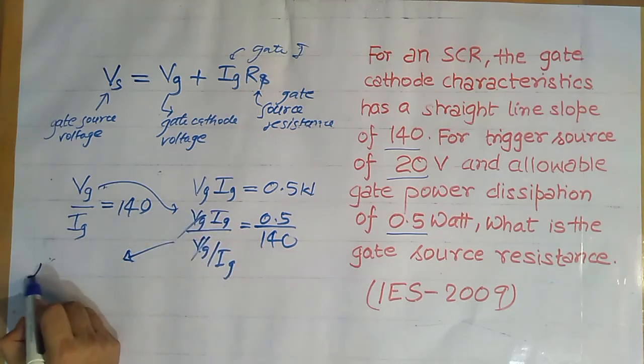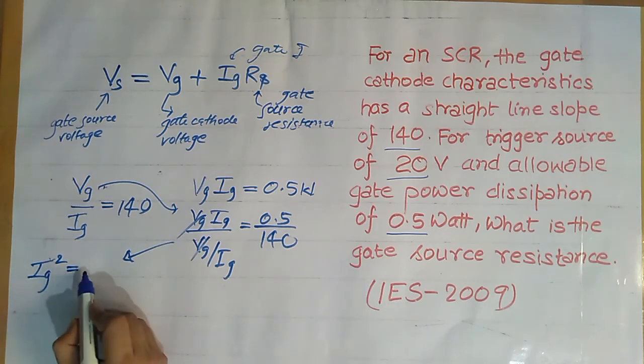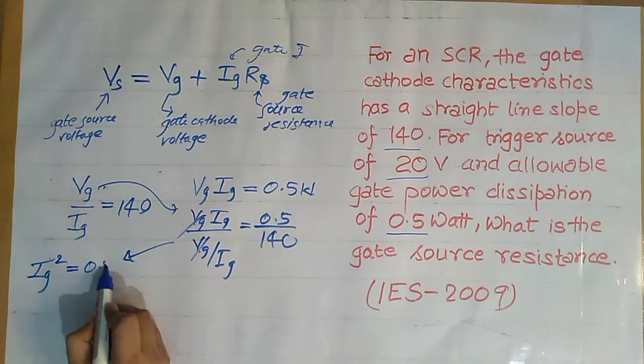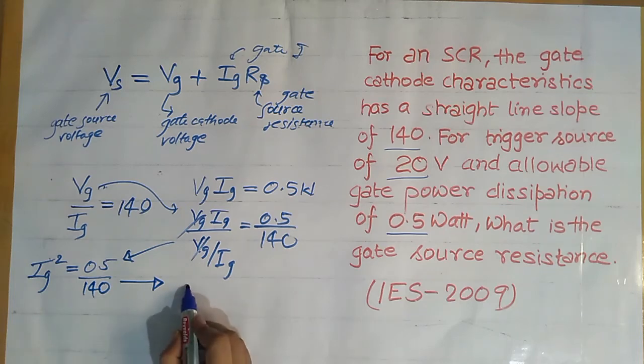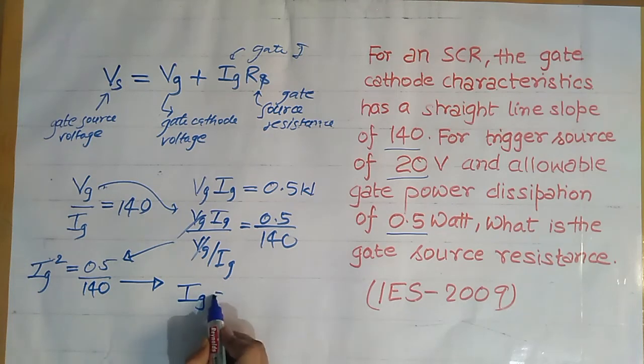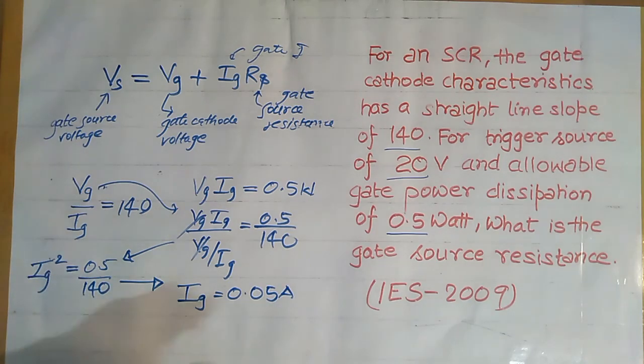We get Ig square equal to 0.5 by 140. When you solve this, you will get Ig is equal to 0.05 ampere. So this Ig is 0.05 ampere.